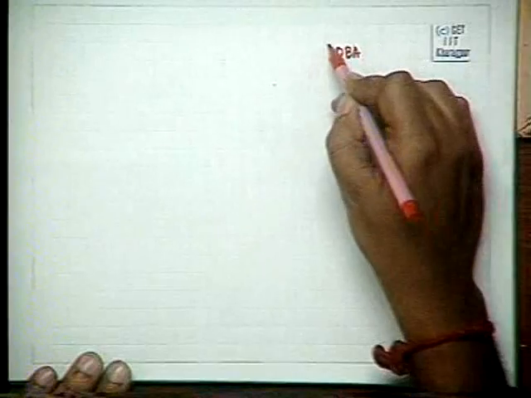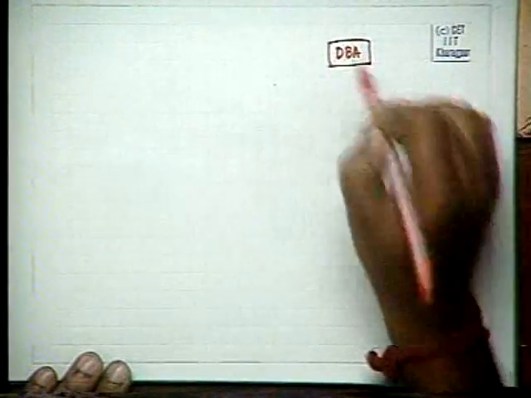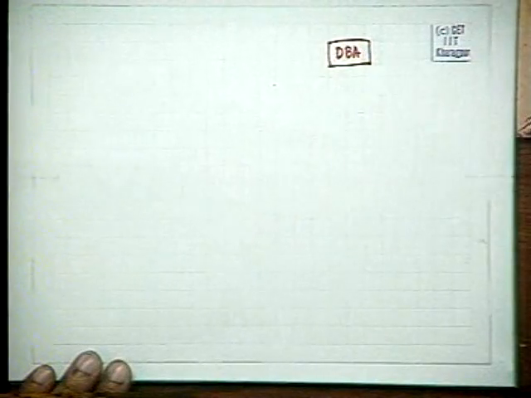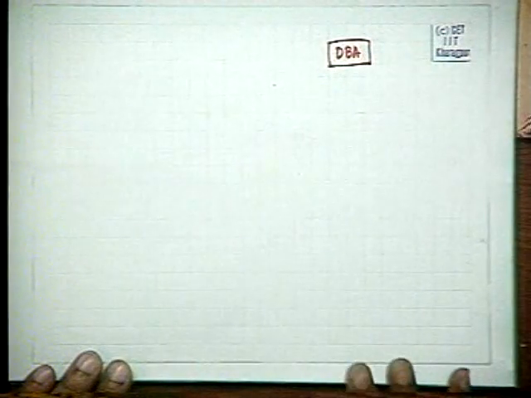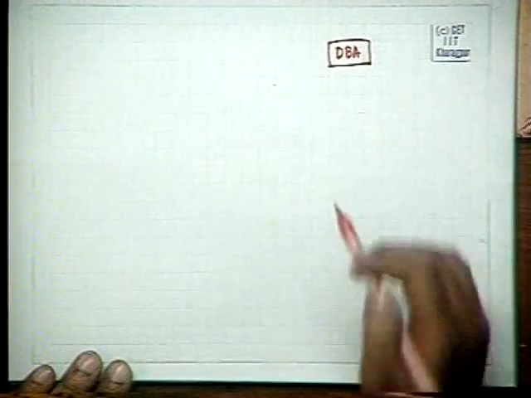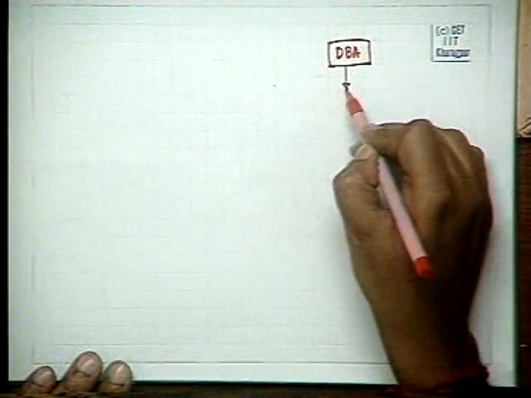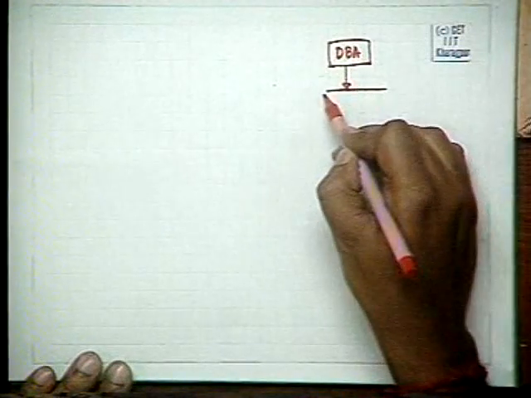So the first is the database administrator. One important user is the database administrator, who will do what? He will define the database. The database administrator will define the database, and this database administrator will define the DB schema.